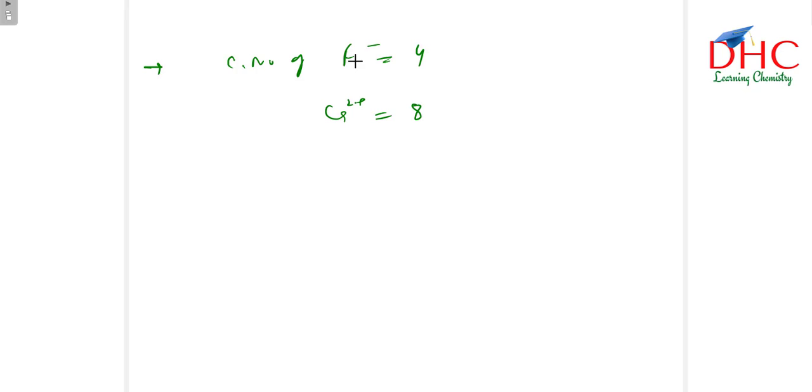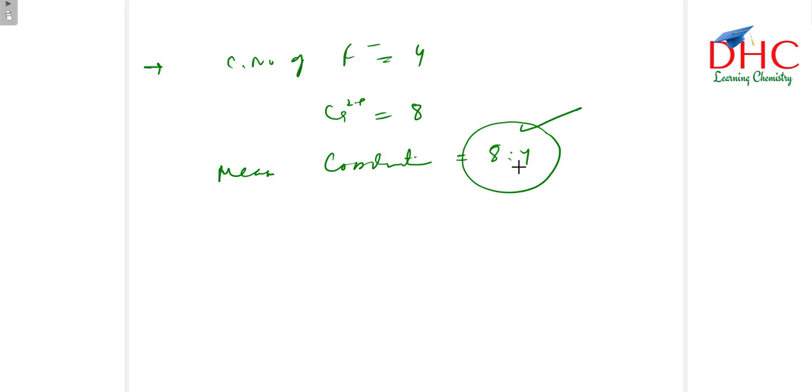So the coordination number of fluoride is 4 and that of calcium is 8, which means there's 8:4 coordination in case of fluorite type structure, that's calcium fluoride.